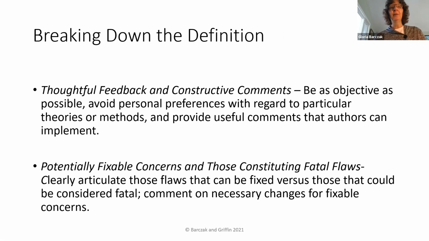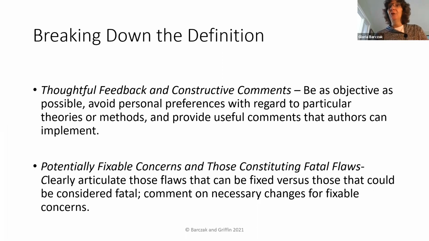So, thoughtful feedback and constructive comments. One of the things that's important is to try to recognize what your biases are, whether it's about a particular theory, a particular method, a particular type of research, or a topic, and remove that when you're doing your review. You need to be as objective as possible and avoid personal preferences.